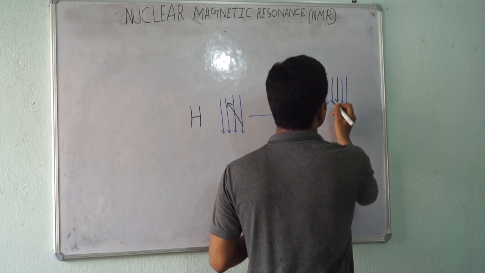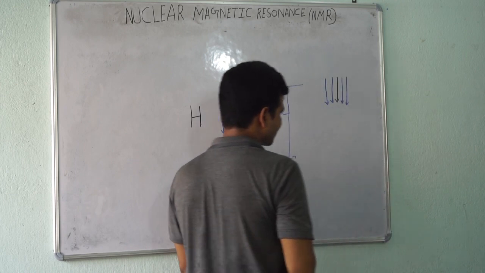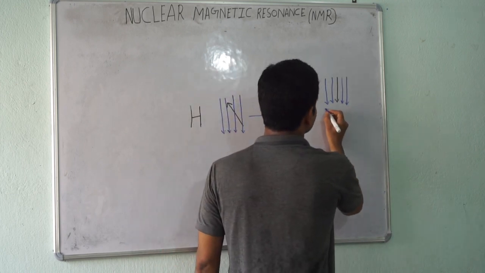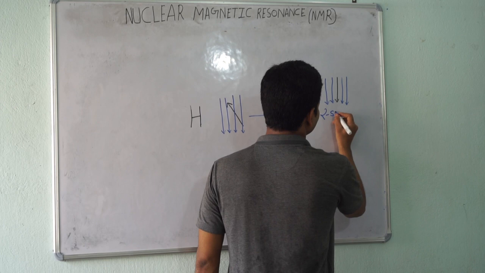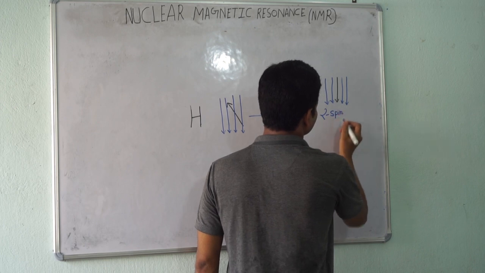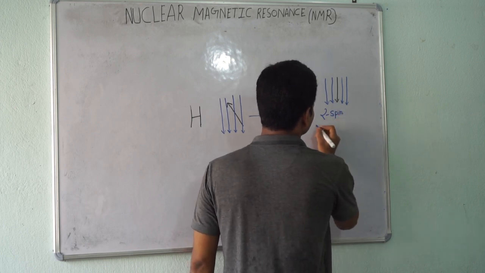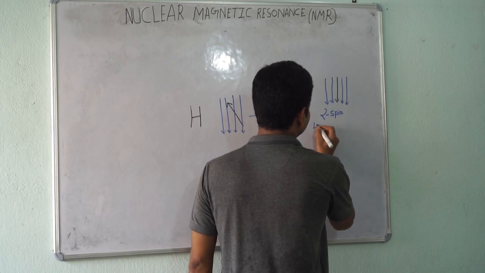If it happens, then it is called alpha spin. And it is known as the lower energy state.